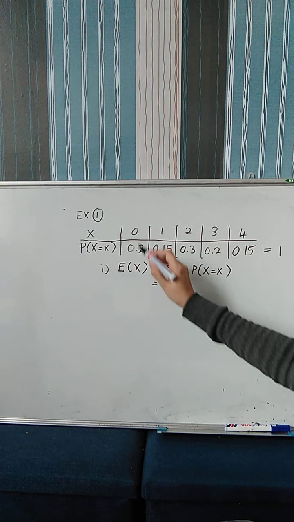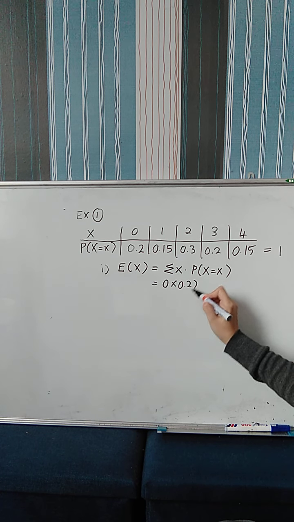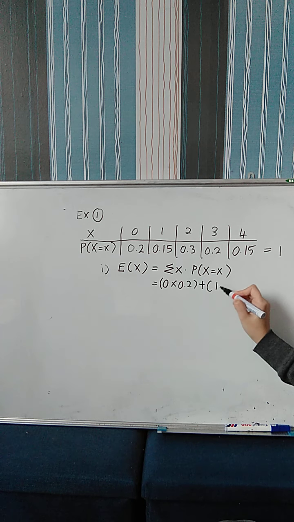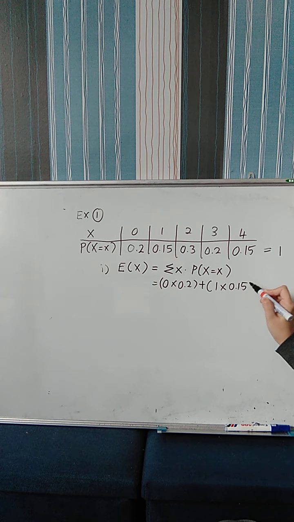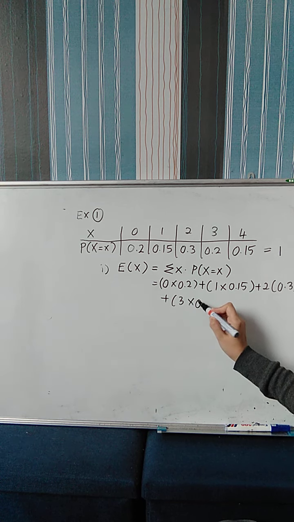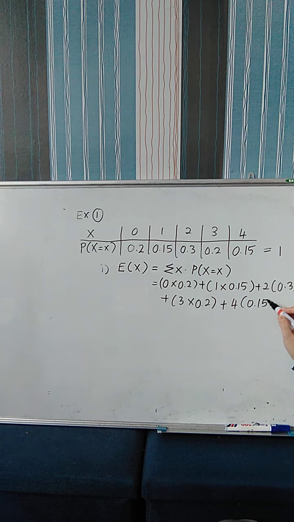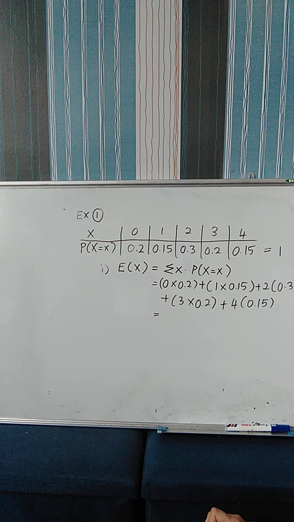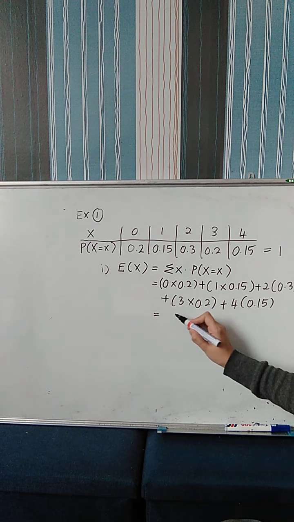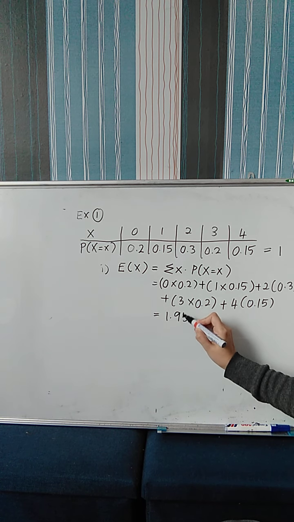So how to calculate? 0 times 0.2, plus 1 times 0.15 plus 2 times 0.3 plus 3 times 0.2 plus 4 times 0.15. This is how to find expected x. After you calculate, the final answer is 1.95.